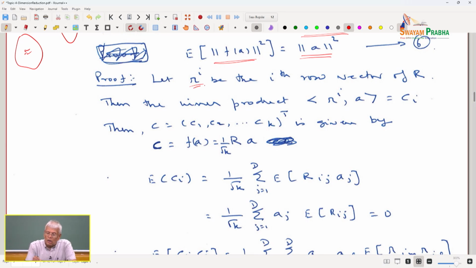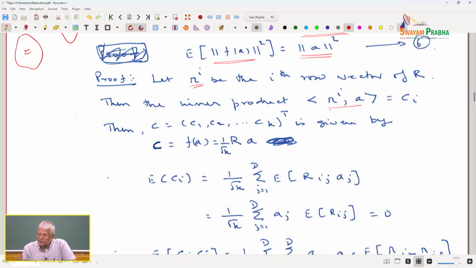Let R superscript i be the ith row vector of R, because the ith row vector is something that is going to be doing the operation on the vector a to get the ith element of the output.